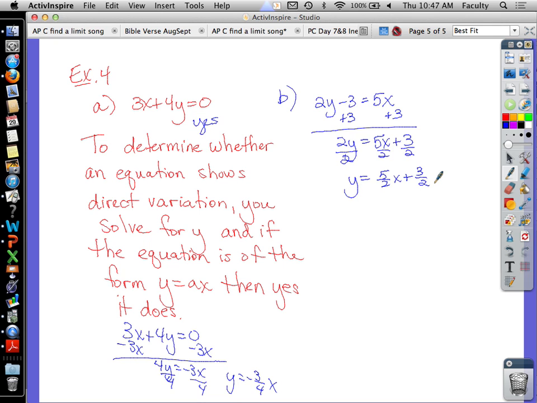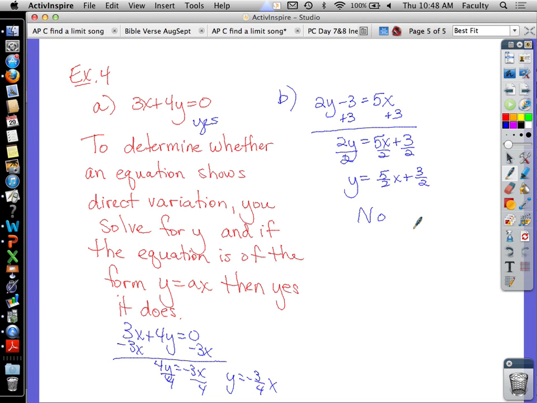So I'm getting y equals 5 halves x plus 3 halves. Does this show direct variation? No. Carmel, why not? Because it has the b, so it doesn't. Exactly. You're thinking of y equals mx plus b. It has a b to it, so it's no.